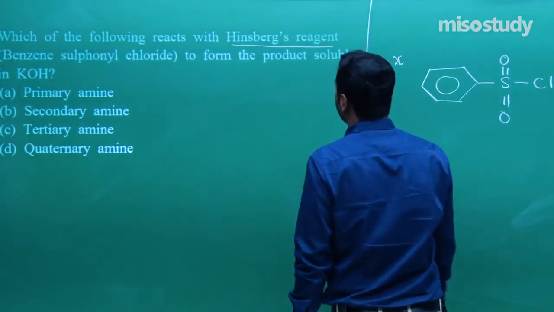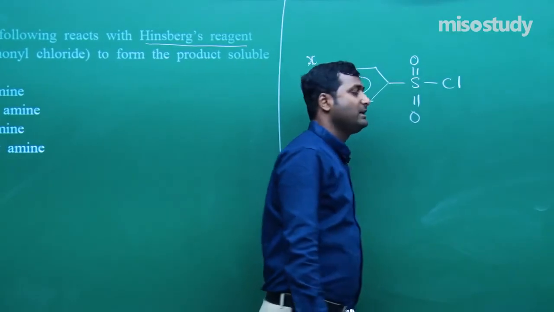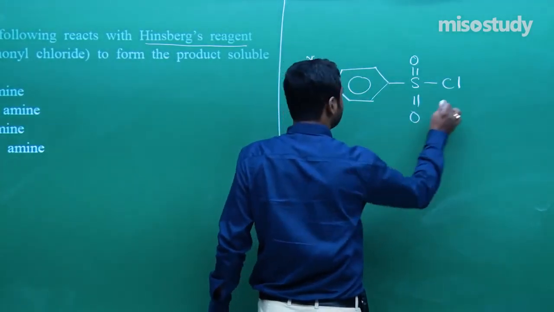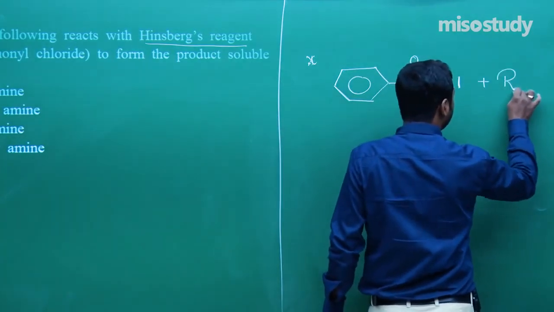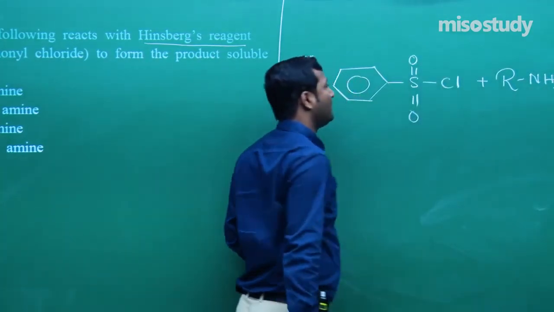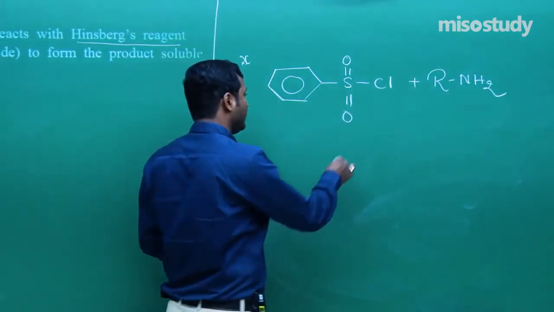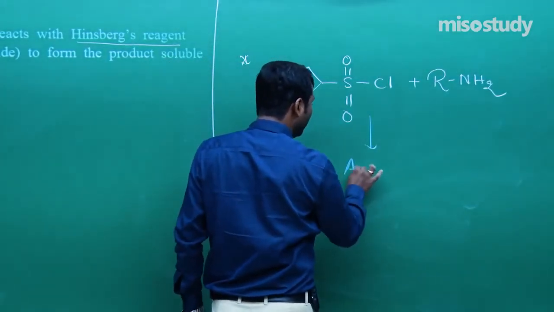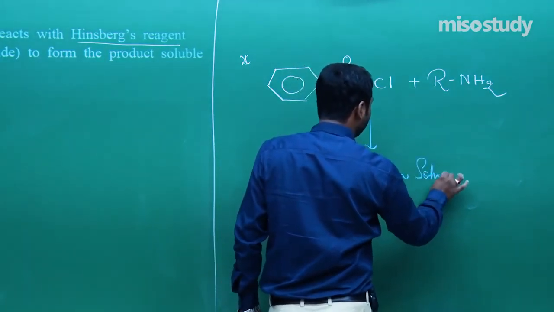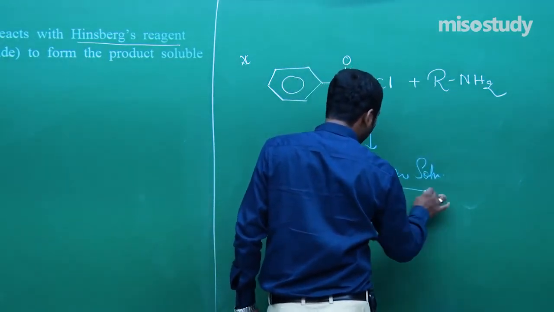Which of the two forms soluble in KOH? This is the Hinsberg reagent. When treated with the primary amine, do you remember this? It gives a clear solution. This is how to distinguish.